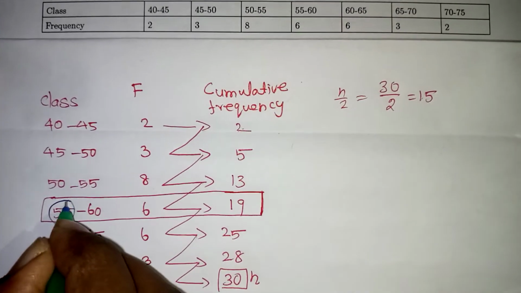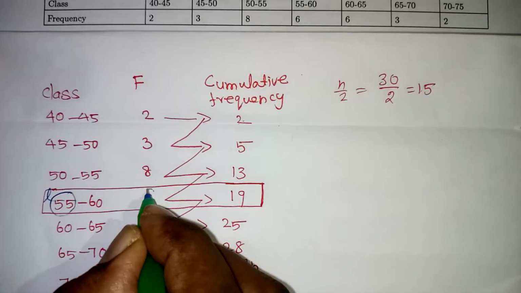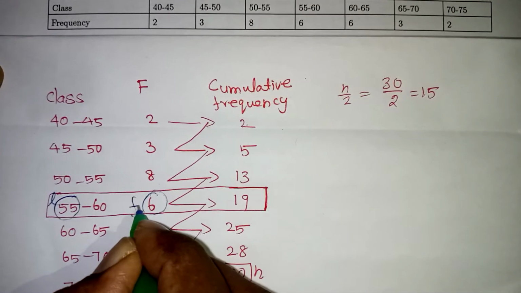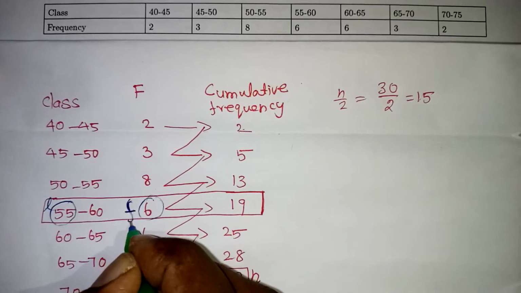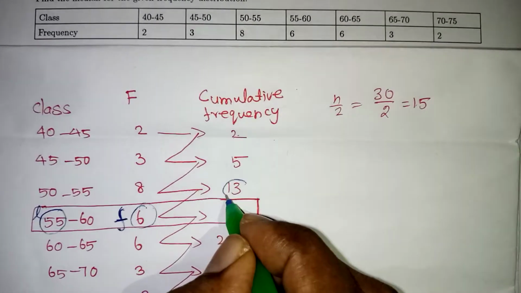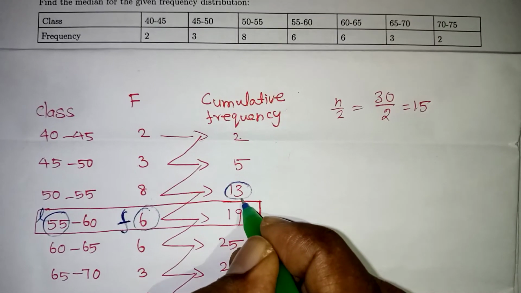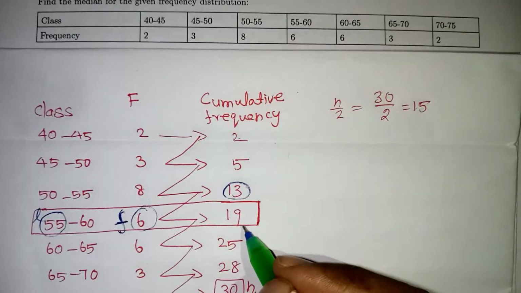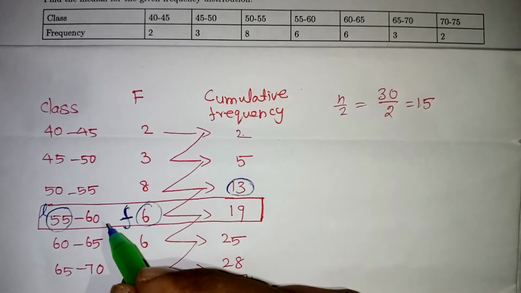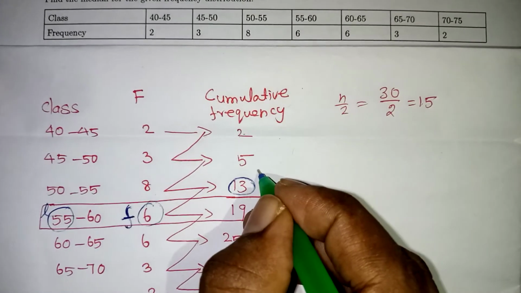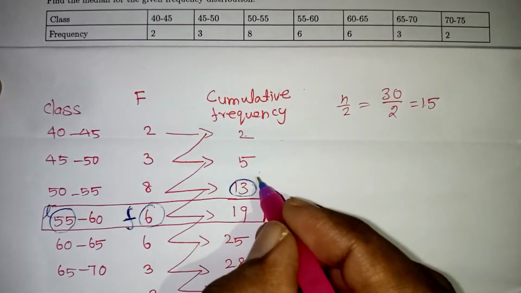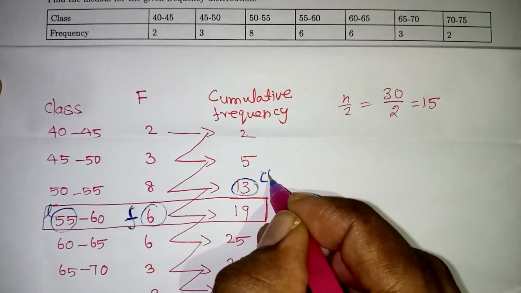The lower limit should be considered as L and the frequency should be considered as F. And the cumulative frequency alone you have to take as the preceding cumulative frequency, because 15 lies between these two numbers. From this we are taking L and F. This one should be considered as CF, that is, preceding cumulative frequency is the meaning.